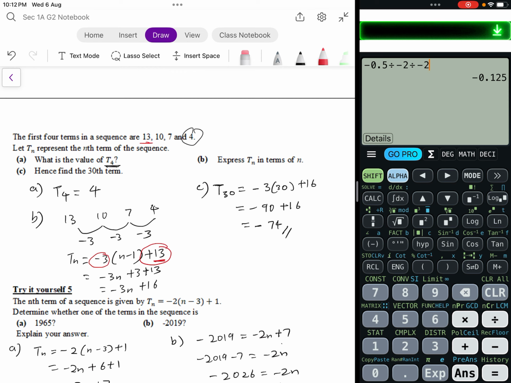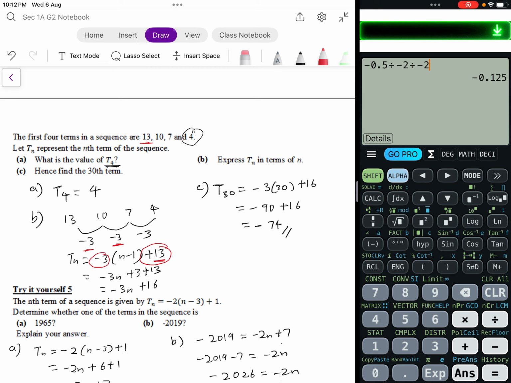Now, we always know that the number of minus 3s for each placing will be 1 less than the place number. So for example, for the fourth number, we will add minus 3, three times. For the second place number, we will add minus 3 one time.